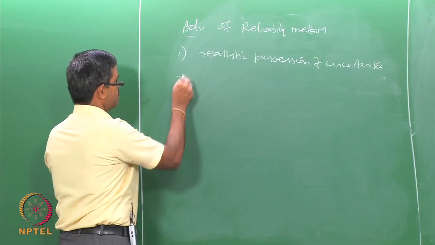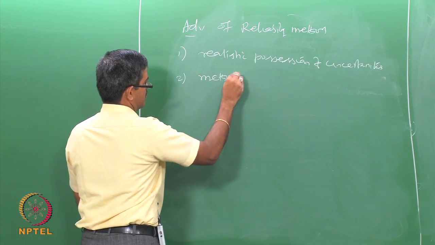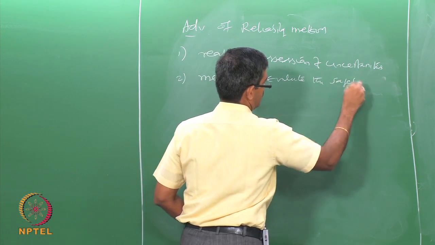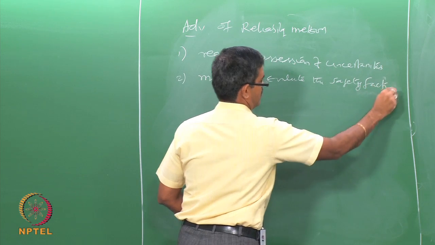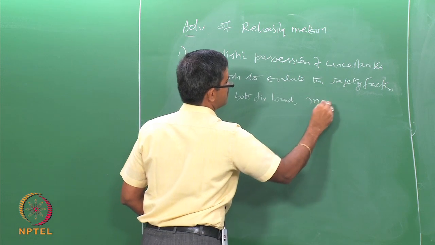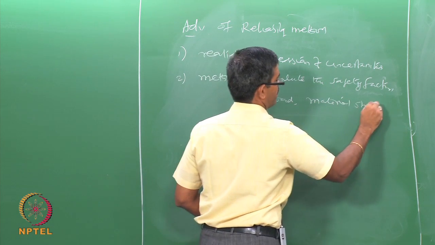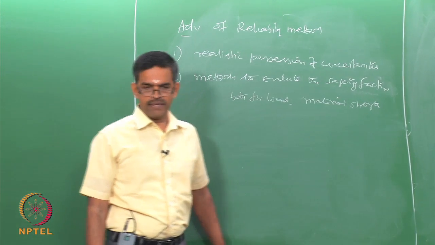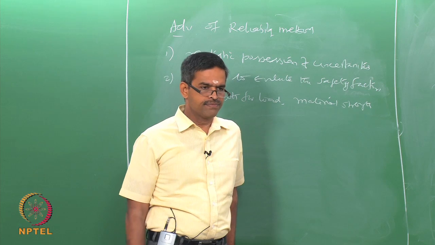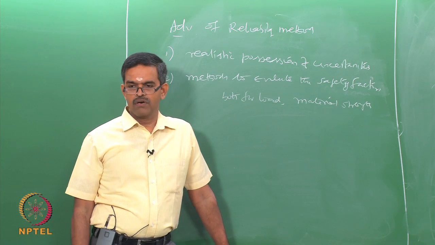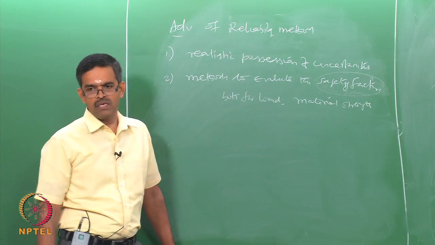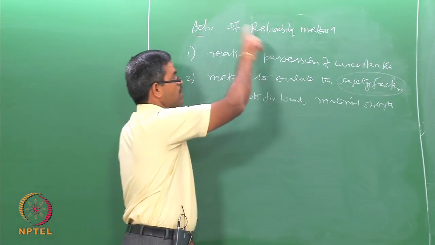They offer methods to evaluate the safety factors both for loads and material strength. You must have studied limit state design. You must have studied partial safety factors, gamma m for the material and gamma f for the loads. All these partial safety factors are actually evaluated based upon reliability methods.